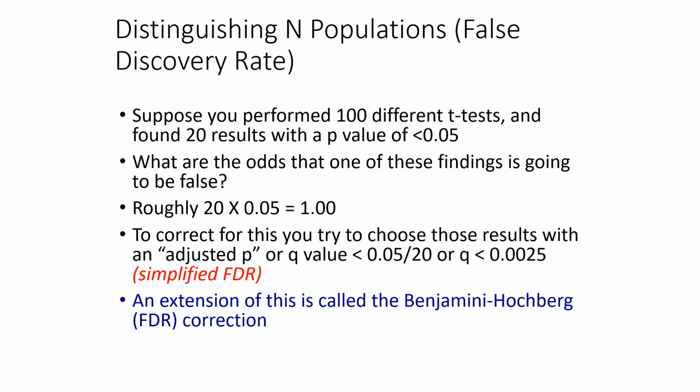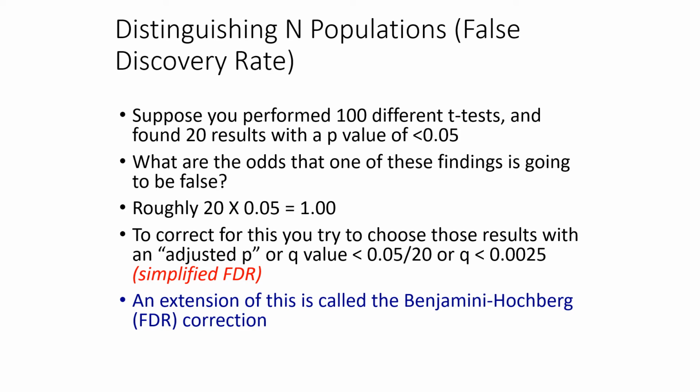Two statisticians, Benjamini and Hochberg, came up with perhaps a better, softer approach. They noticed that if you did 120 different t-tests and found 20 that had a p-value of less than 0.05, what are the odds that one of these is going to be false?